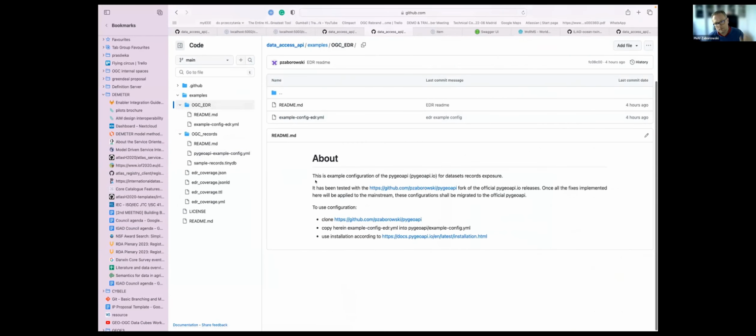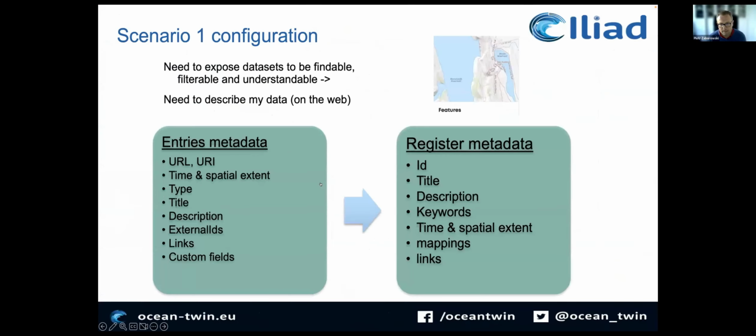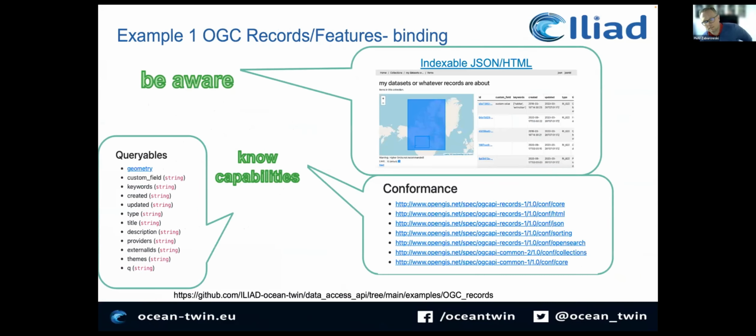You will find a very simple instruction how to set it up, just using these two files, but you can also put some other data inside, and you will get this kind of service. You will find this HTML, JSON support.